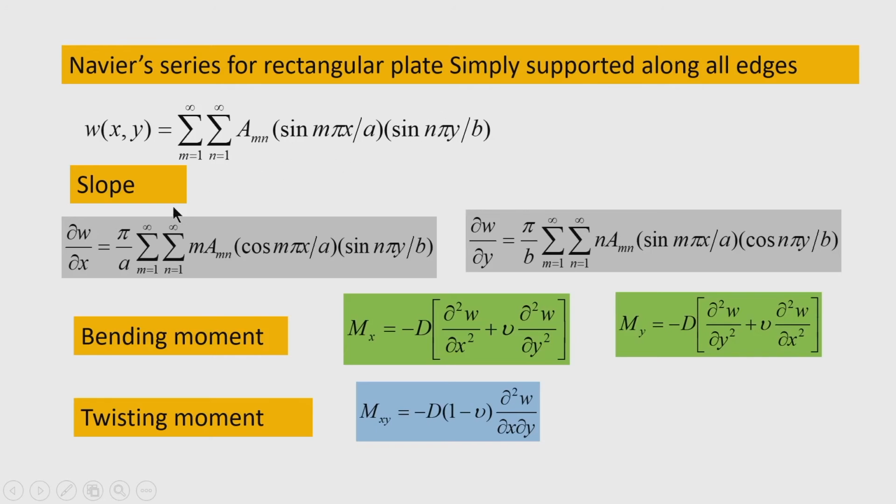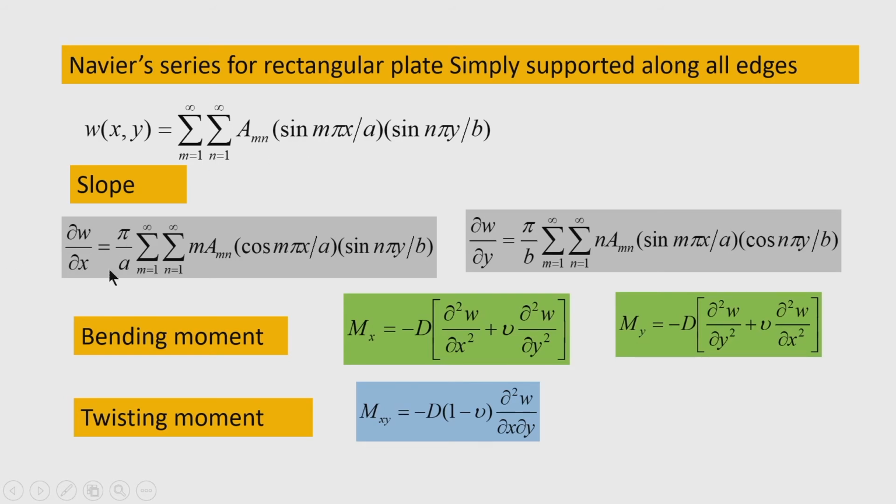Other quantities of interest are slope. Slope in the x direction is given by del W by del x, and it is equal to pi by A summation. Due to differentiation of this sine function, the m pi by A term will come out.